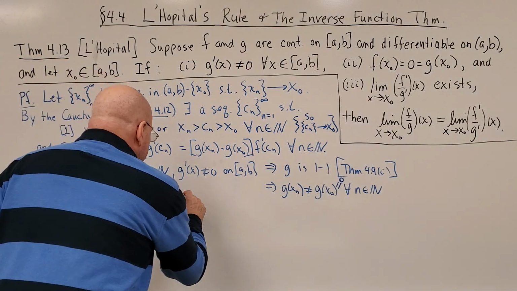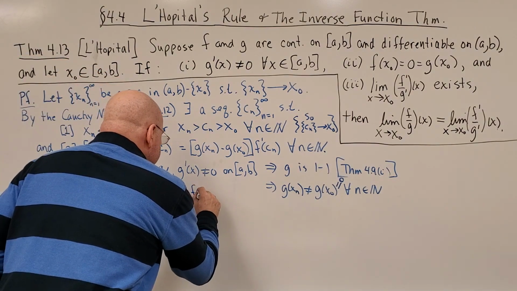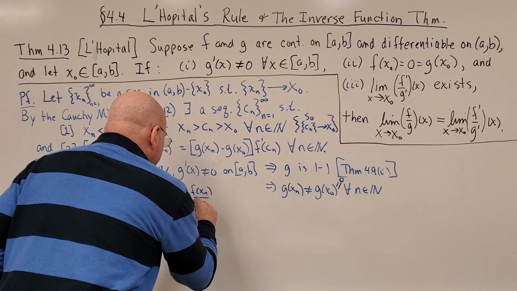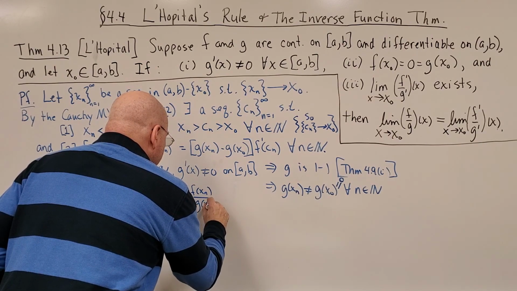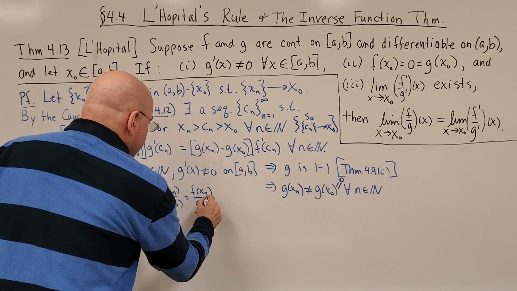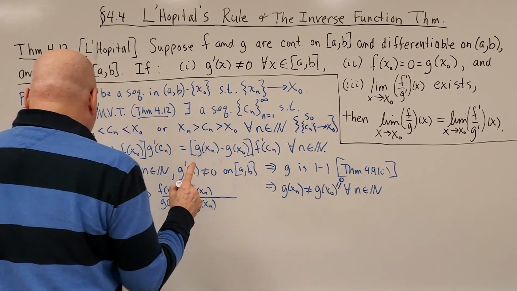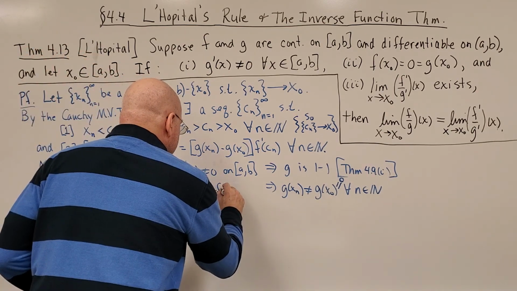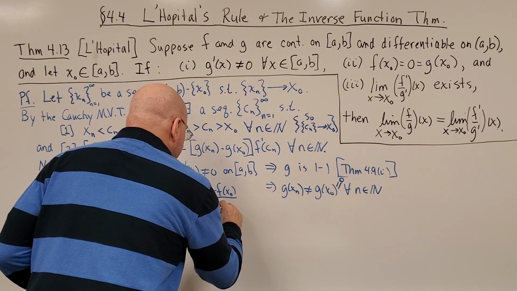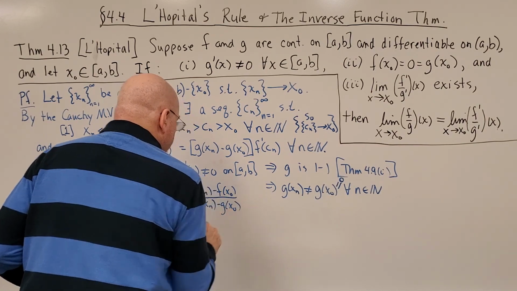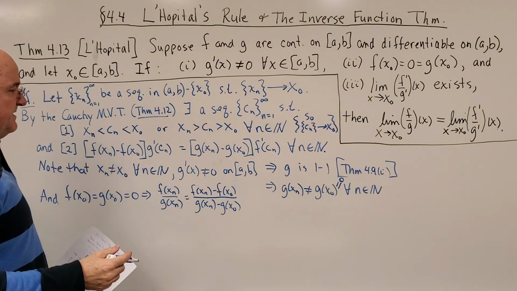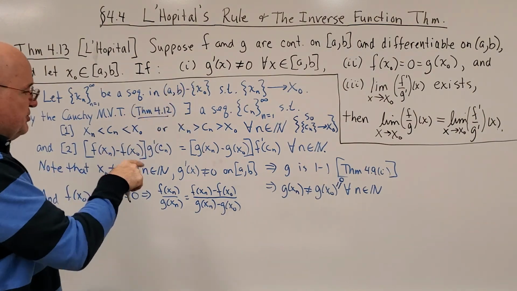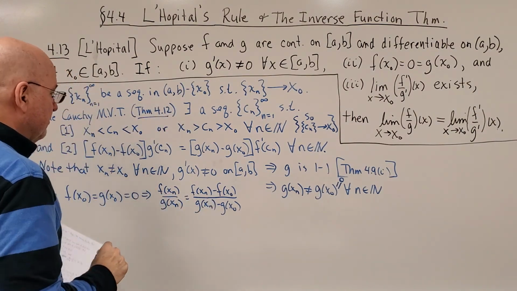Well, that's equal to itself, of course. And I'm going to add something to the numerator and the denominator, which in our case is all I'm doing is subtracting and adding 0. F of x naught and g of x naught are both 0, so I've made no change there.